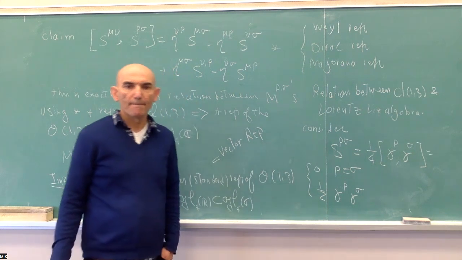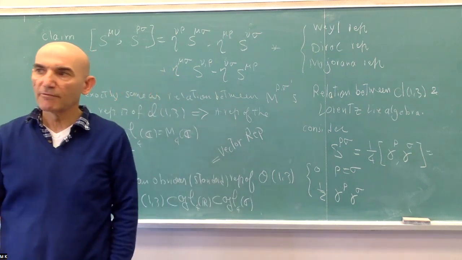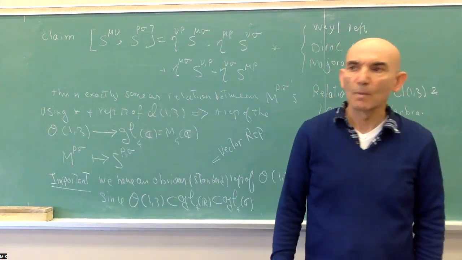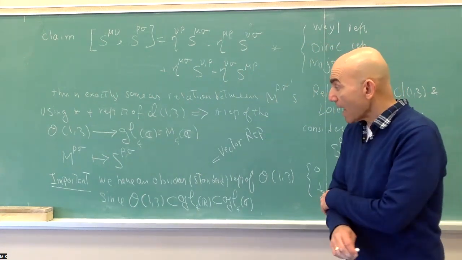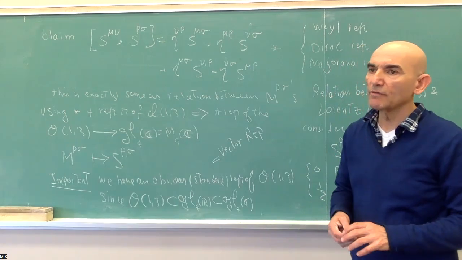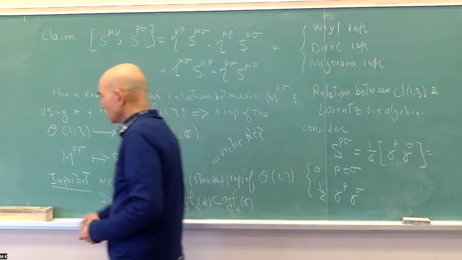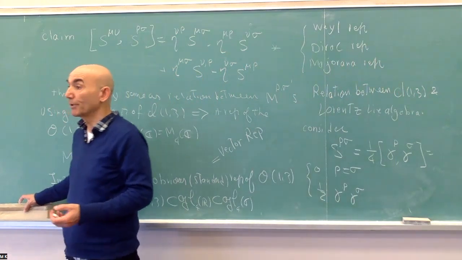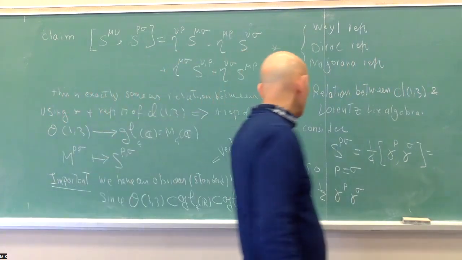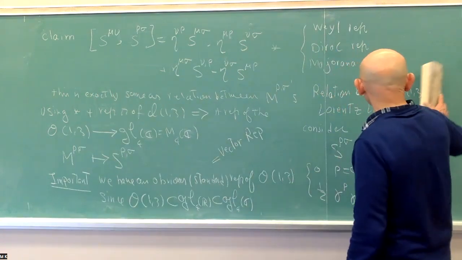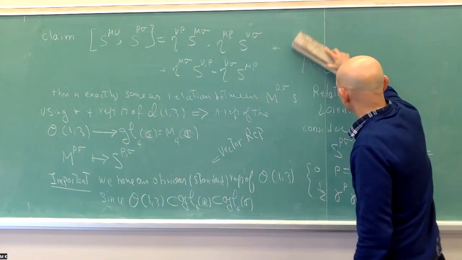Okay. So that's what we have. Now we can define what we mean by Dirac spinor, where the Dirac things are acting. It's in this representation, not in the standard representation. So let me make a definition.